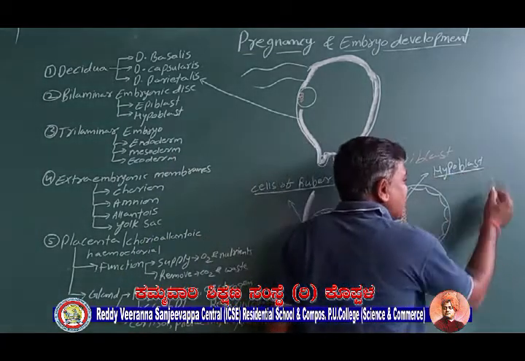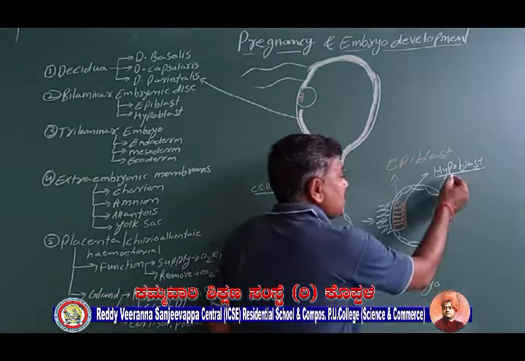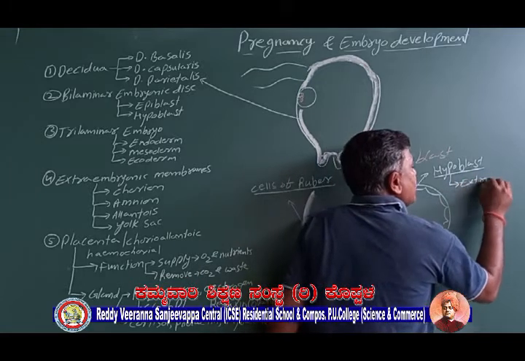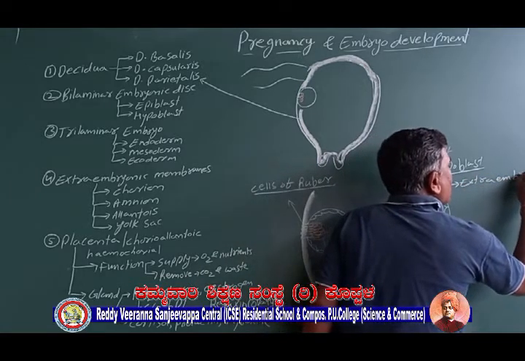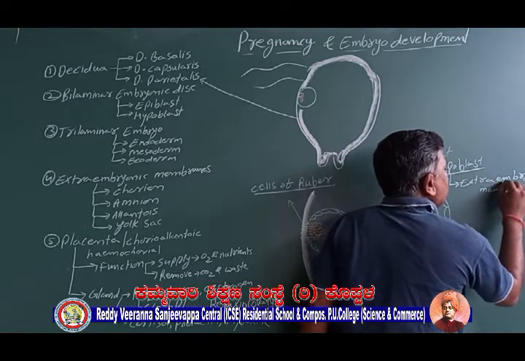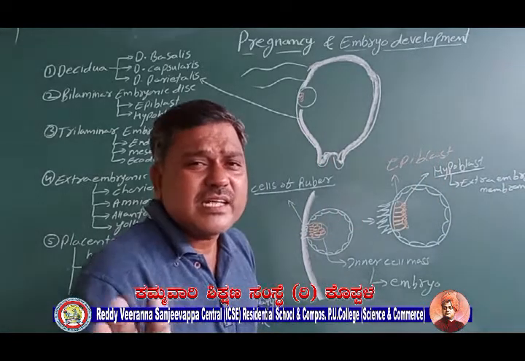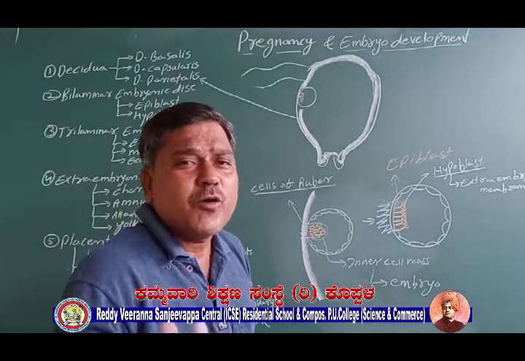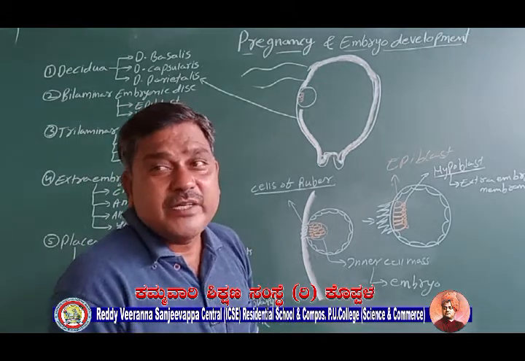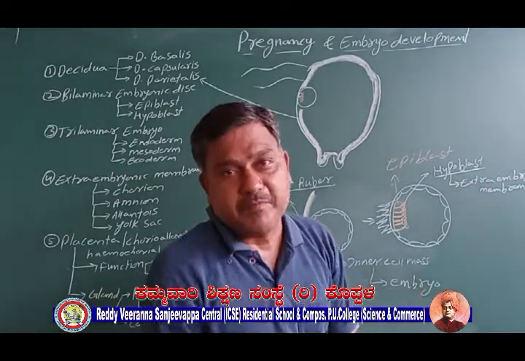Now, what is the function of the hypoblast? For NEET purpose, what is the function of the hypoblast? Now, this hypoblast develops into extraembryonic membrane. That means hypoblast cells do not play an important role in the development of the embryo. They never develop into the embryo, but they develop into extraembryonic membranes.